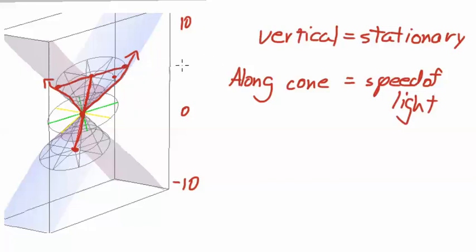So he basically observes the same speed of light, but he does not observe the same events being simultaneous with each other.